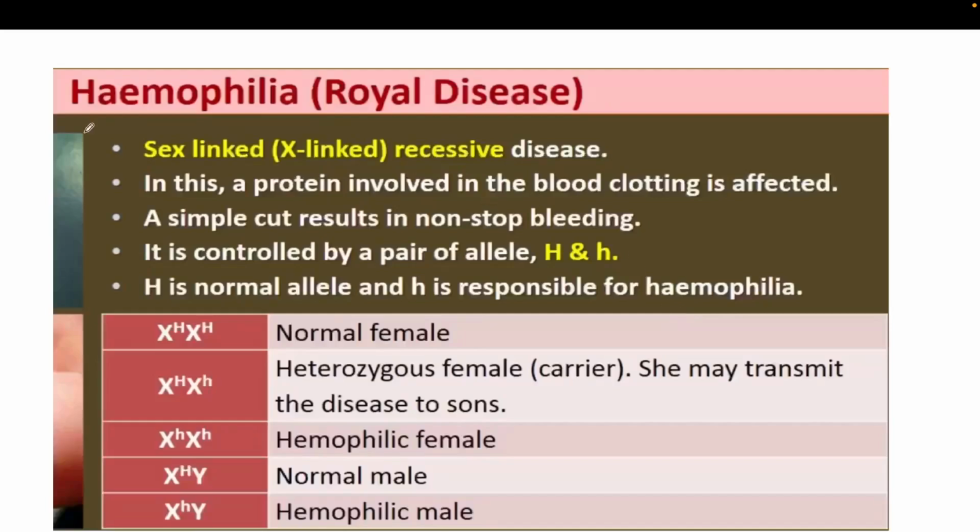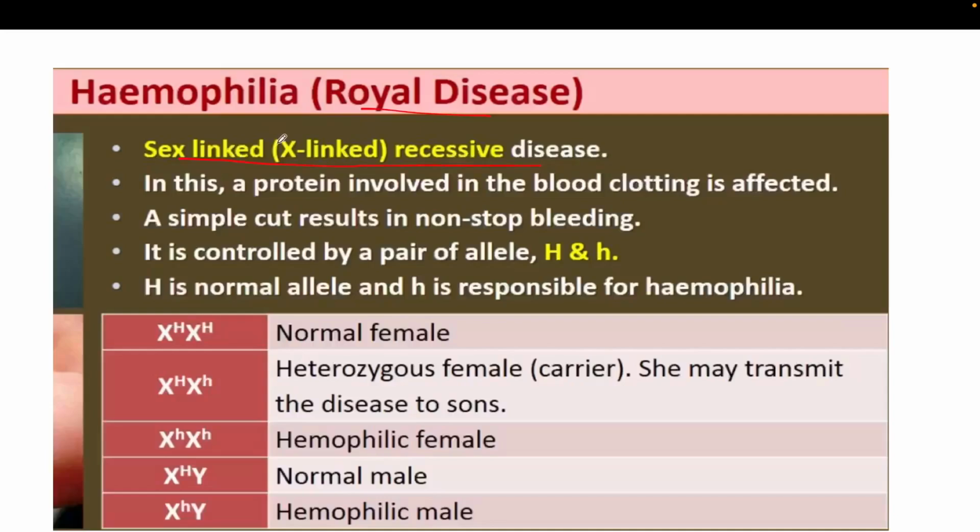So as I told you, hemophilia is one example of a sex-linked recessive disease. Okay, and in the case of hemophilia, it is also called the royal disease. In this case, a protein involved in the blood clotting factor is affected. The blood clotting factor is absent in hemophilia, so the blood is continuously flowing.